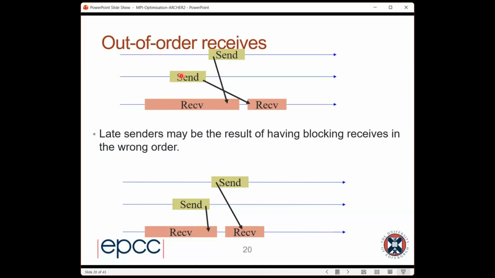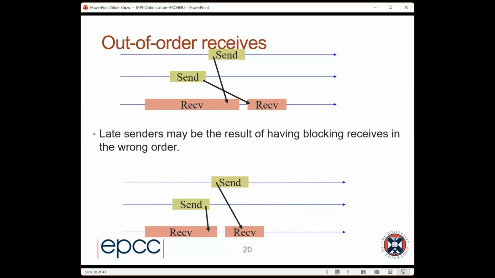This send happens first, but you issue the receive for the other send first. So when you issue this receive, although this send has already been issued, you're waiting for that send there. You spend a lot of time in the receive, and then you issue the receive from here, and so you've got a late sender here. This receive is waiting a long time for that send to come in, or alternatively, that send is late with respect to this receive, but actually you've issued them in the wrong order.